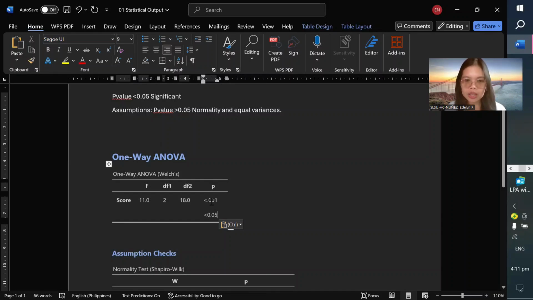The next one is 0, 0, so they're the same. So we go to the next decimal place. We have here 0 and then 5. 5 is bigger, right? But our aim is less than. So therefore, our one-way ANOVA test here is less than 0.05. Since it is less than 0.05, that is significant.